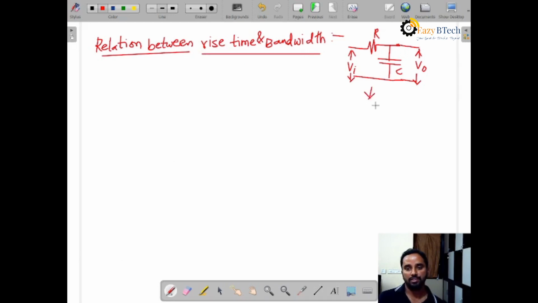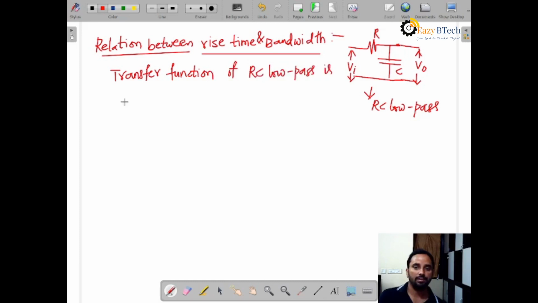So this system is the RC low pass circuit. The transfer function is represented as H of omega equal to V0 of omega by Vi of omega, which is equal to 1 by 1 plus j omega RC.